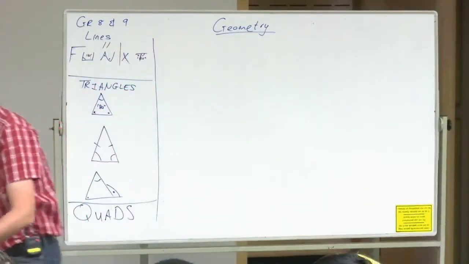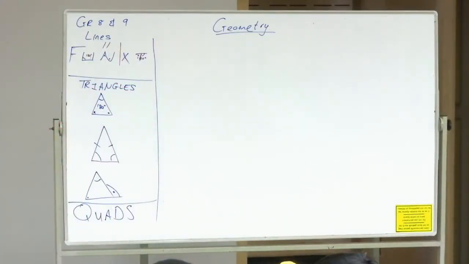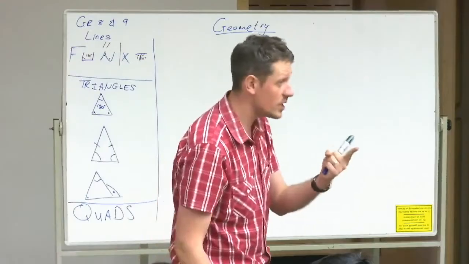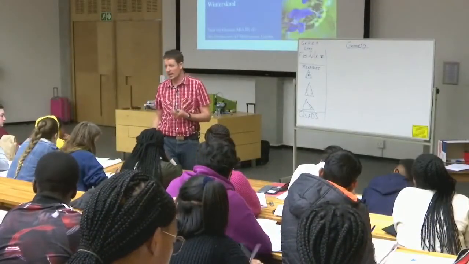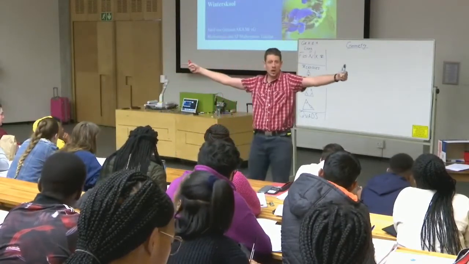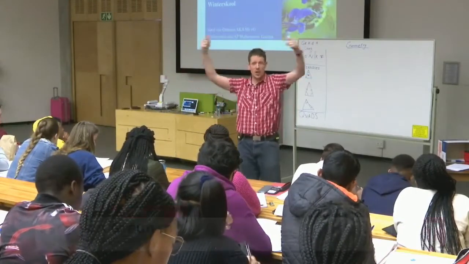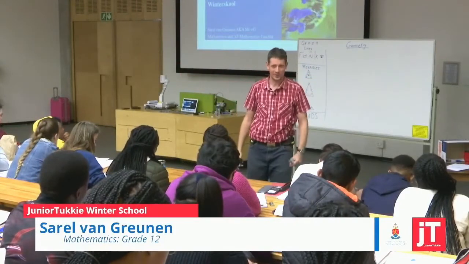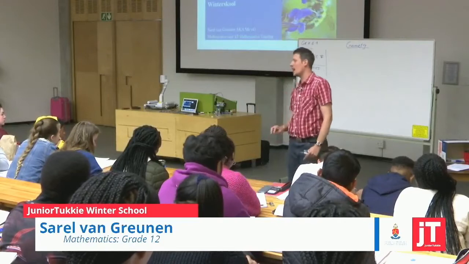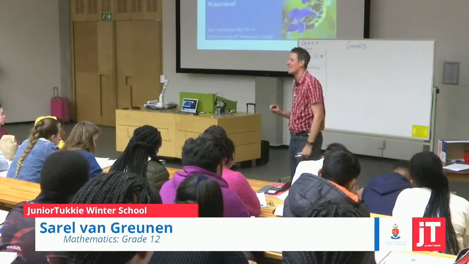They give you a kite and ask you questions about the kite. Then you have to know a kite: two pairs of adjacent sides are equal. The one diagonal is bisected and the two diagonals are perpendicular to each other. There's one pair of opposite angles that are equal. One of the diagonals cuts two of the angles in half.